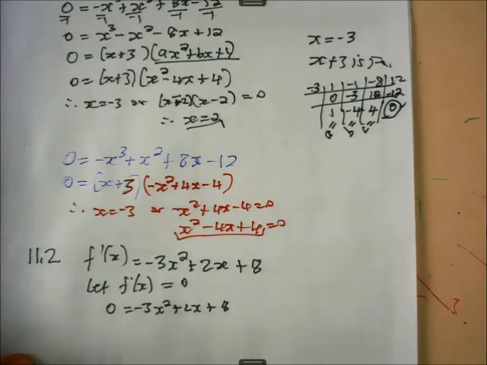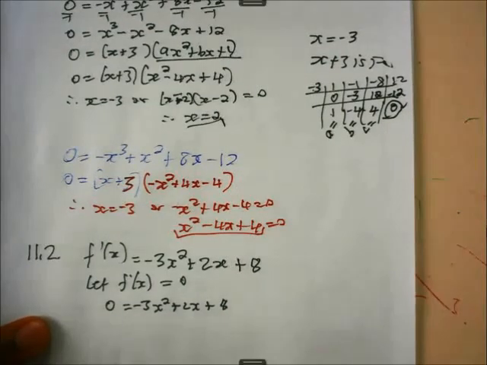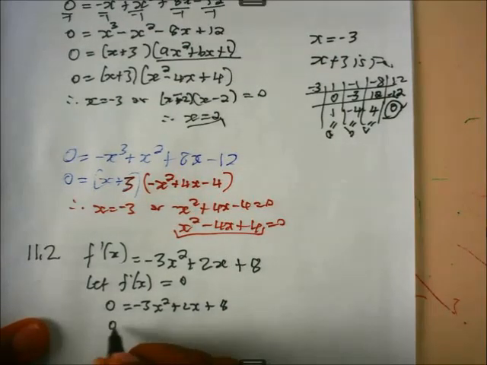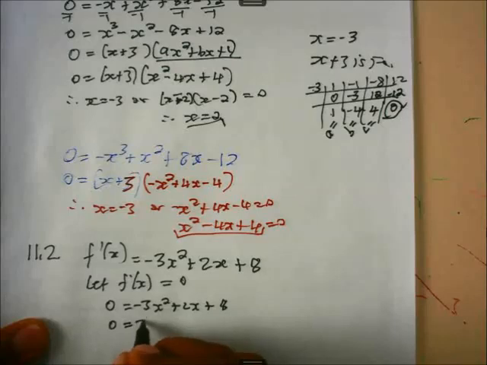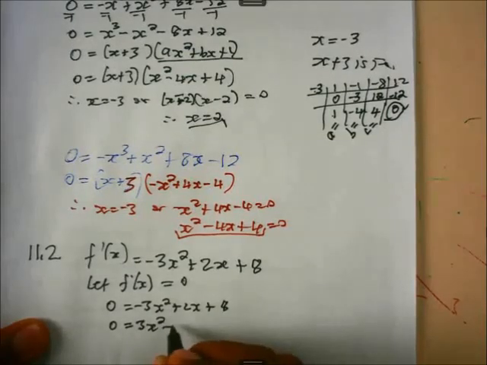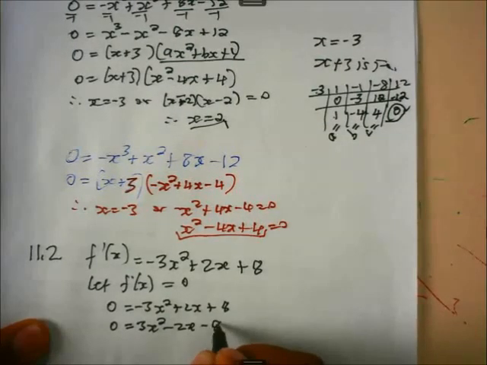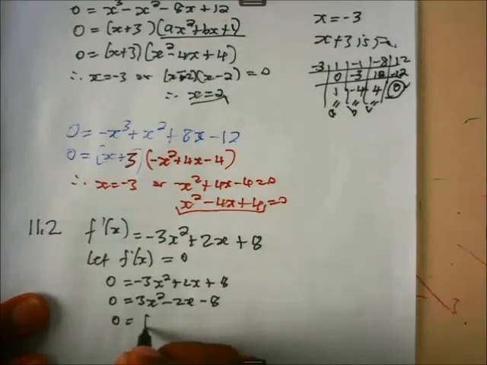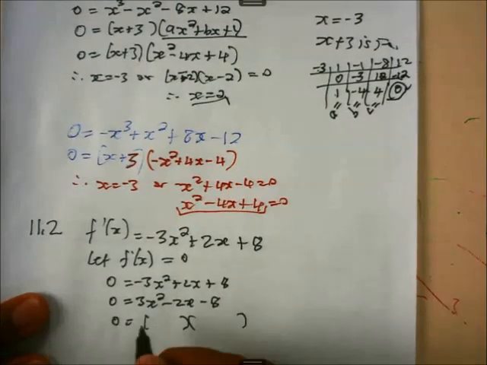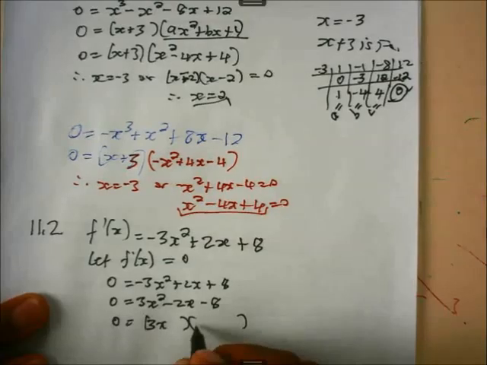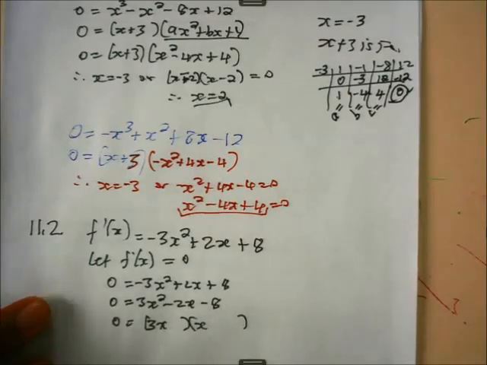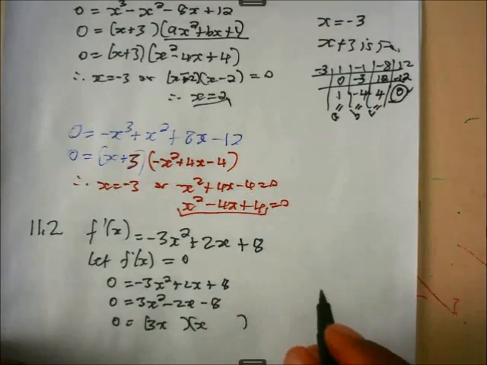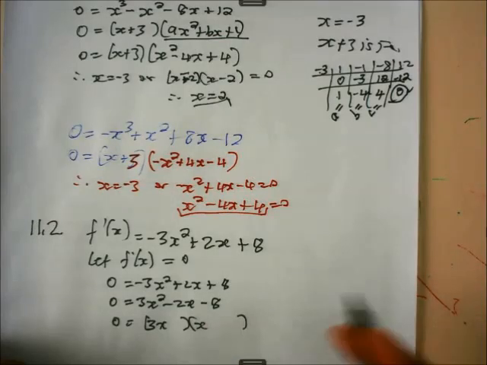First of all, I will decide to divide everything by the negative. We will get 0 equals a positive 3x squared minus 2x minus 8. Then from here we factorize this equation. The factors are 3x multiplied by x would give us 3x squared. The factors of 8 are 2 times 4 or 1 times 8.